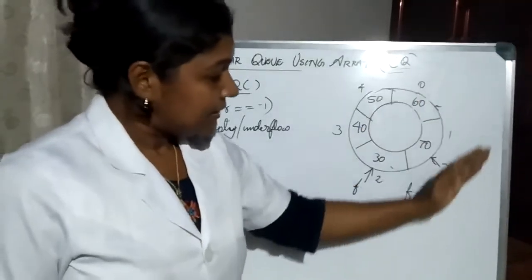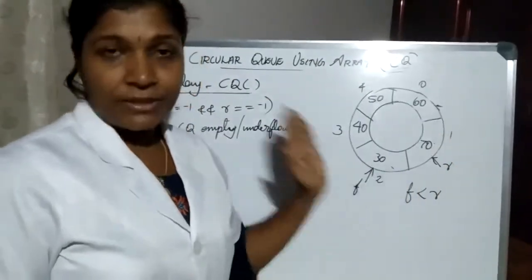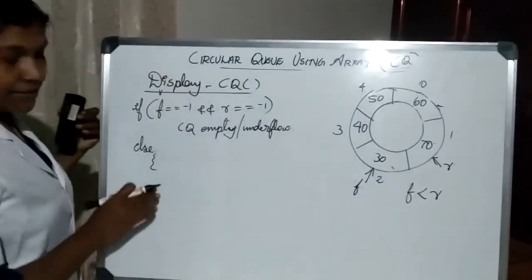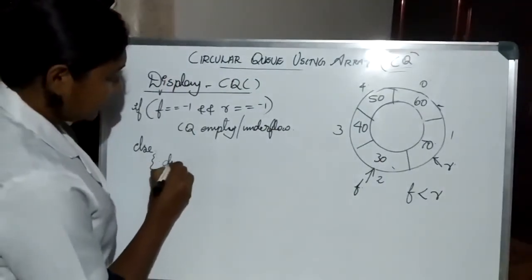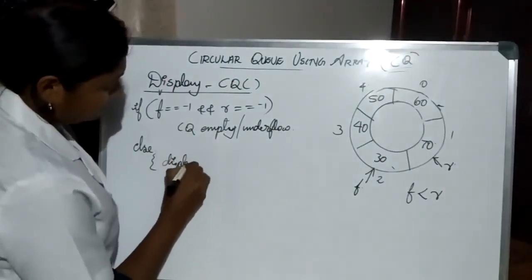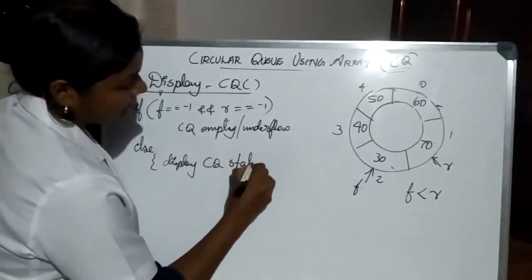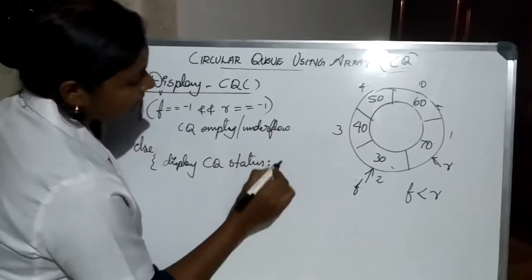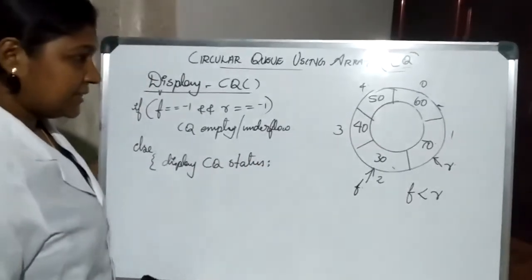So the display also should be in a circular fashion. So in the else case, display is possible. So you can display the circular queue status. You can provide this message only if you want, because this is a user-friendly message.